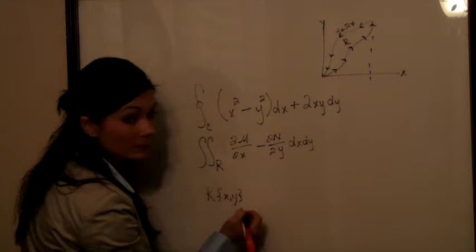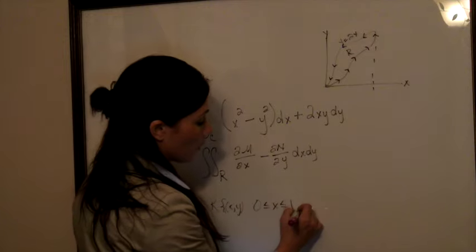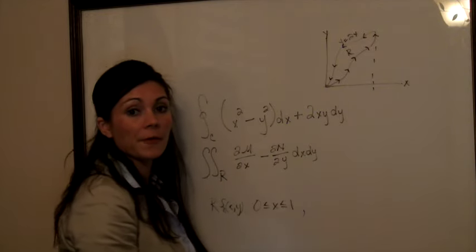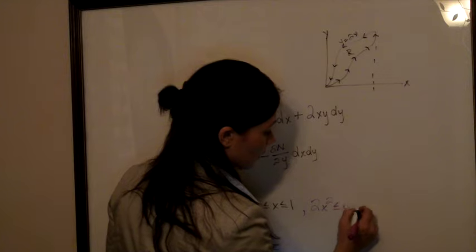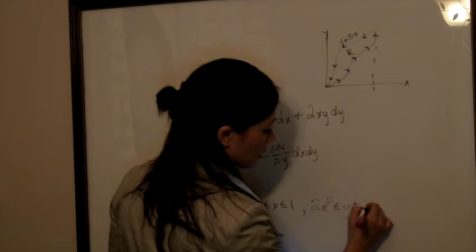So we have our region xy, where 0 is less than or equal to x, and x is less than or equal to 1. And then for y, we have 2x squared less than or equal to y, which is less than or equal to 2x.